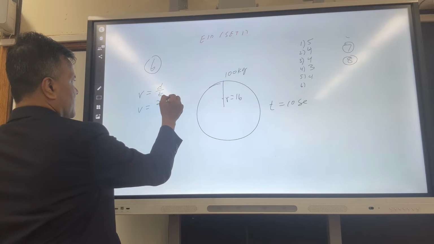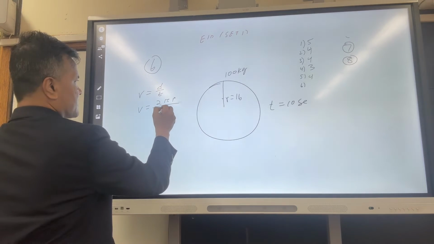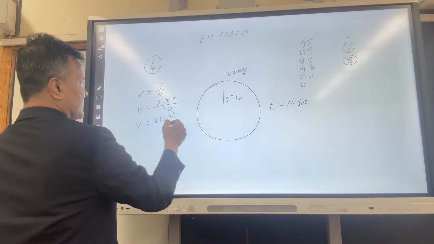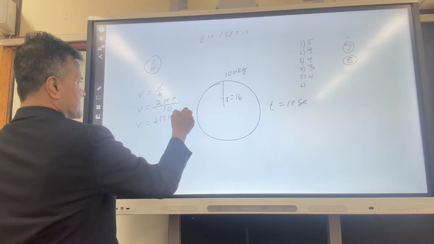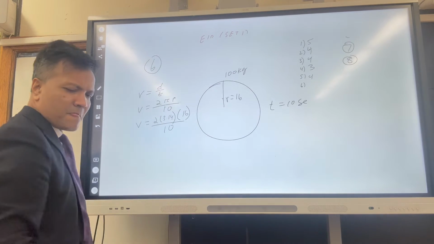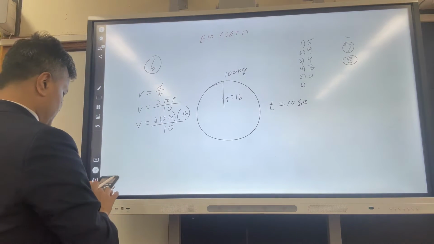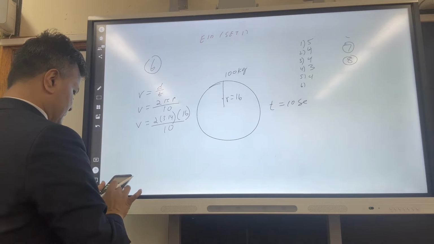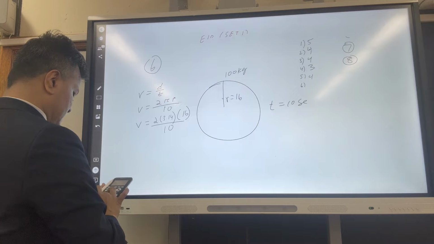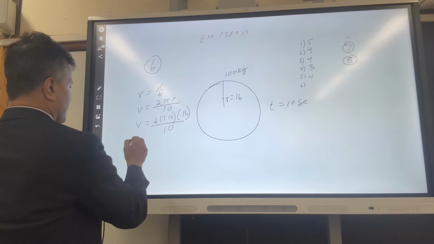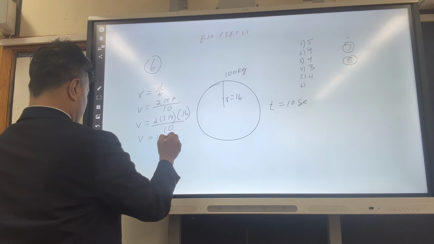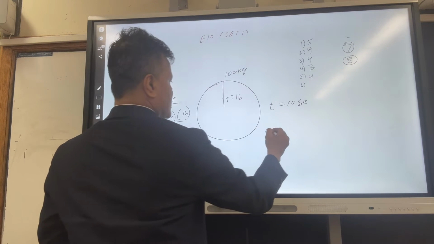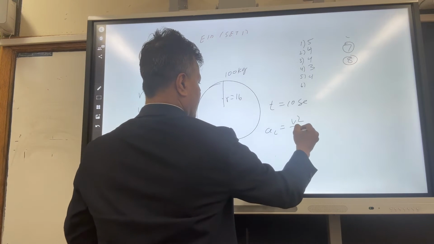Distance is 2 pi r over time of 10 seconds. So 2 times 3.14 times 16 divided by 10. Velocity is 10.048.